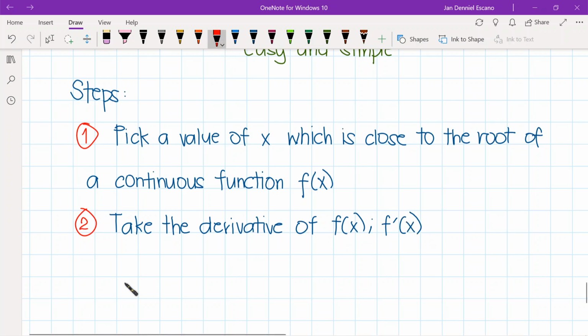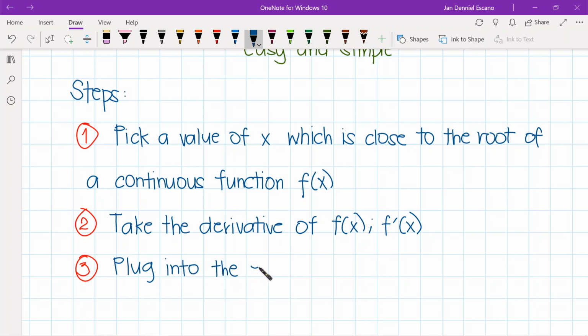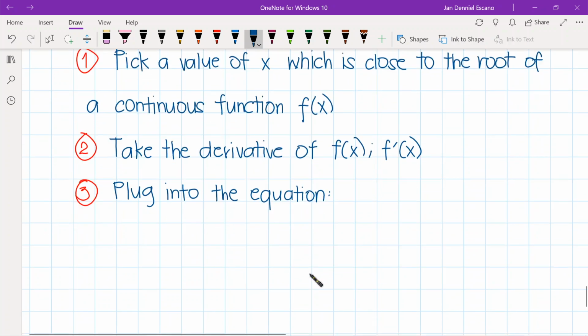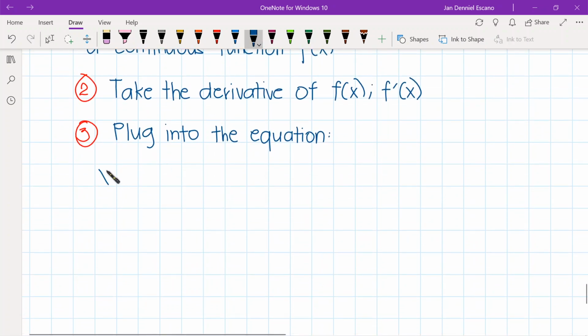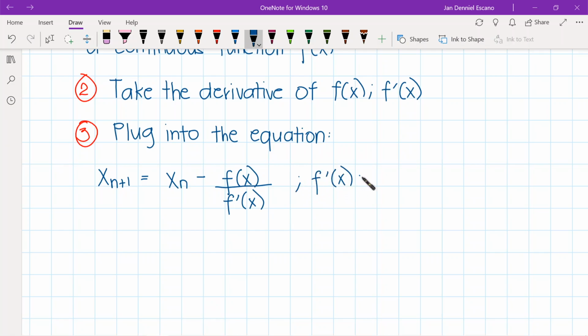Okay, and the third step is we plug it into this equation: x sub n plus 1 is equal to x sub n minus the function of x all over f prime of x, wherein f prime of x cannot be equal to 0 because it will be undefined.